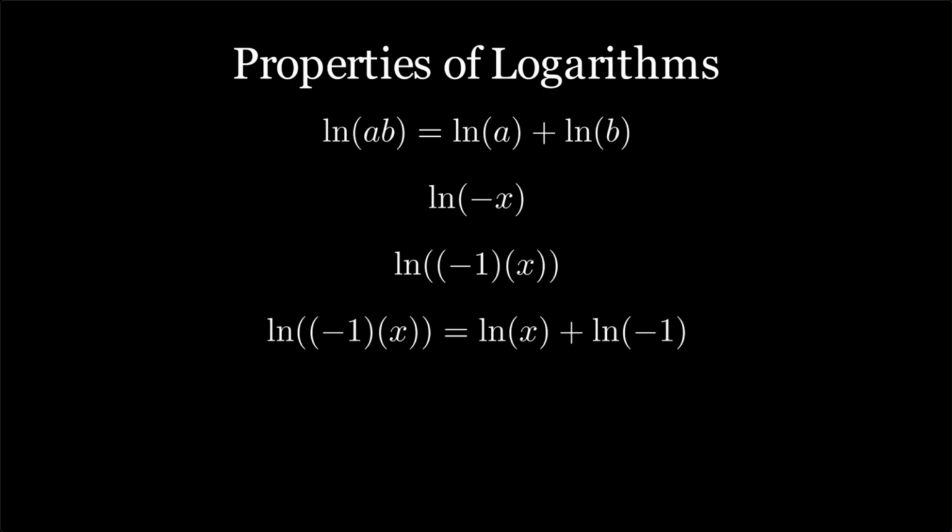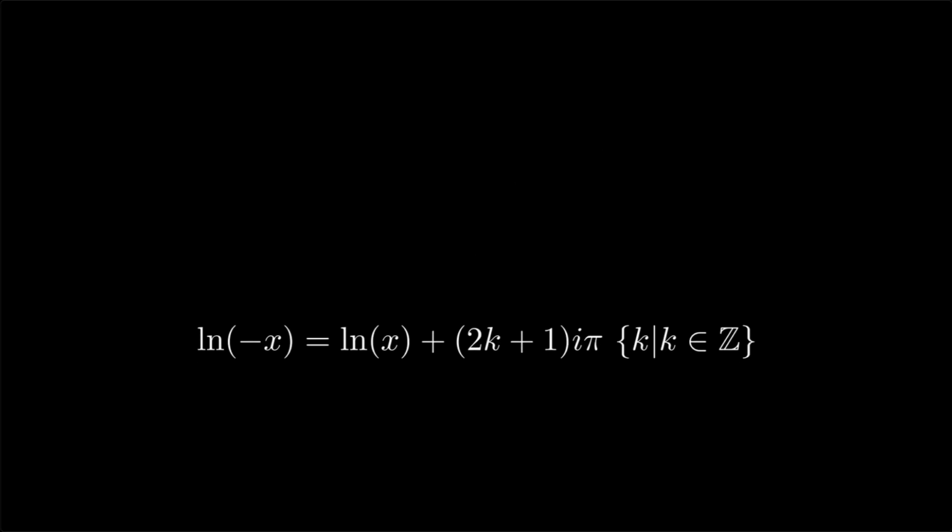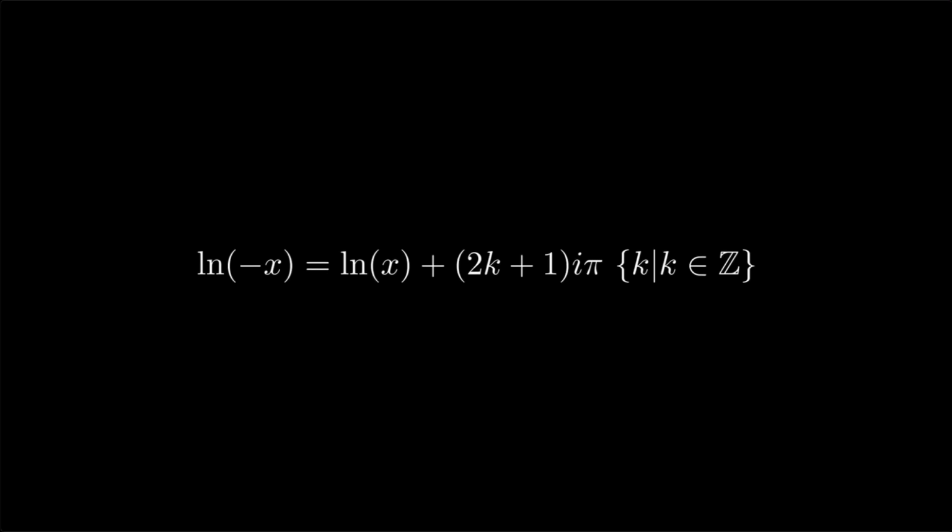And cool thing, we know what the natural log of -1 is. We know that the natural log of -1 is 2k plus 1 times i pi, where k is an integer. So we could say that the natural log of -x is equal to the natural log of x plus 2k plus 1 times i pi, for k any integer.